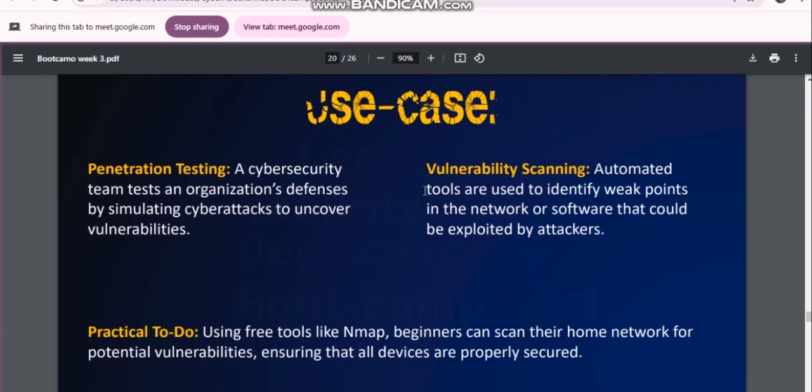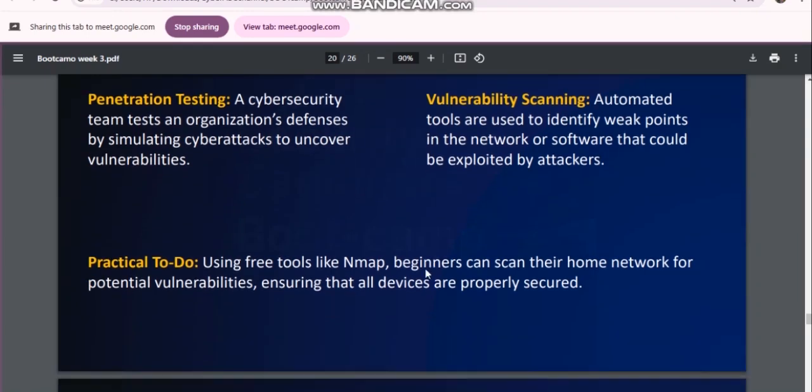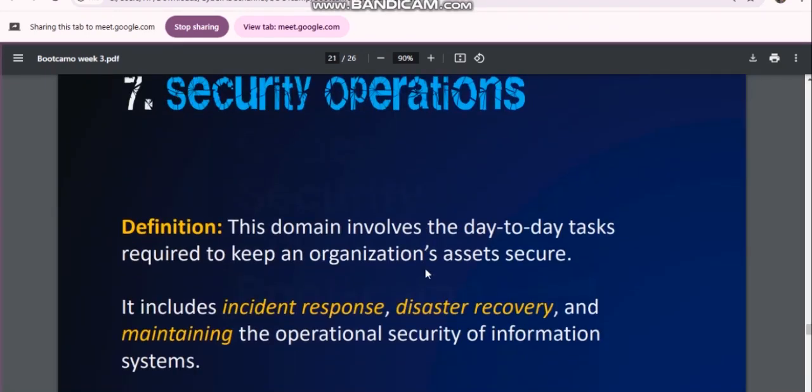Okay, let's fire down. On the seventh domain, security operations, we already have a lot to digest from the past few weeks. This domain involves the day-to-day tasks required to keep an organization's assets secure.